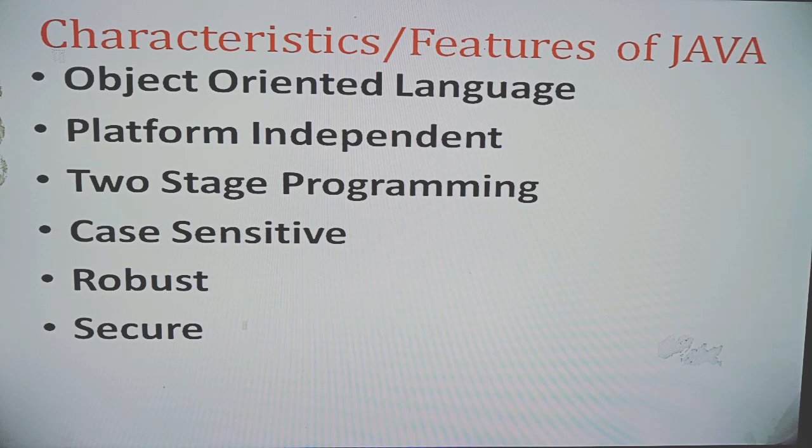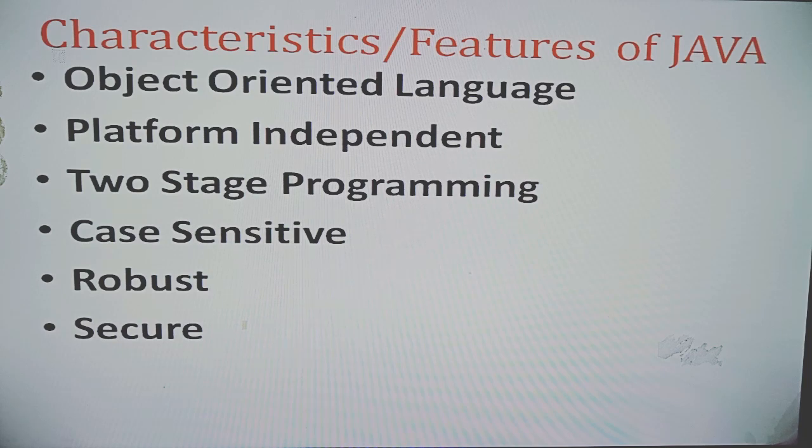But if you write system with a small s, there will be a compilation error. It means System with capital S is a valid keyword for the Java library, but system with small s is not a valid keyword for Java. This is the reason that in that case there will be an error.